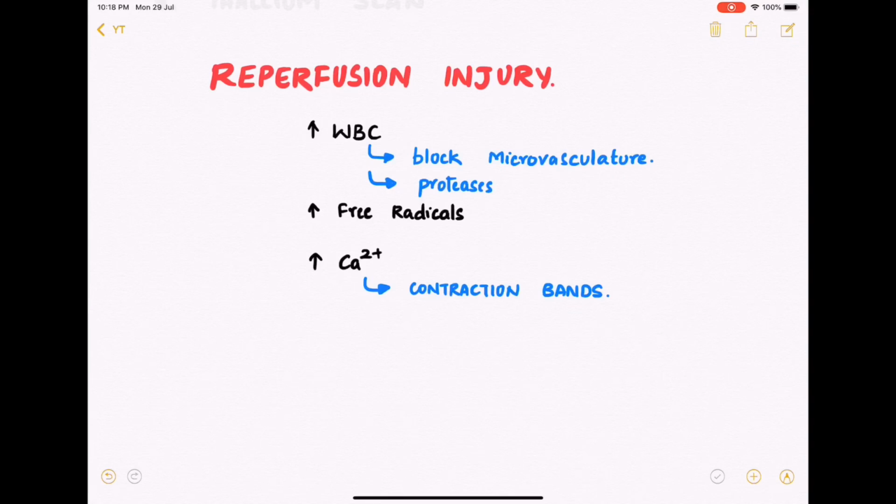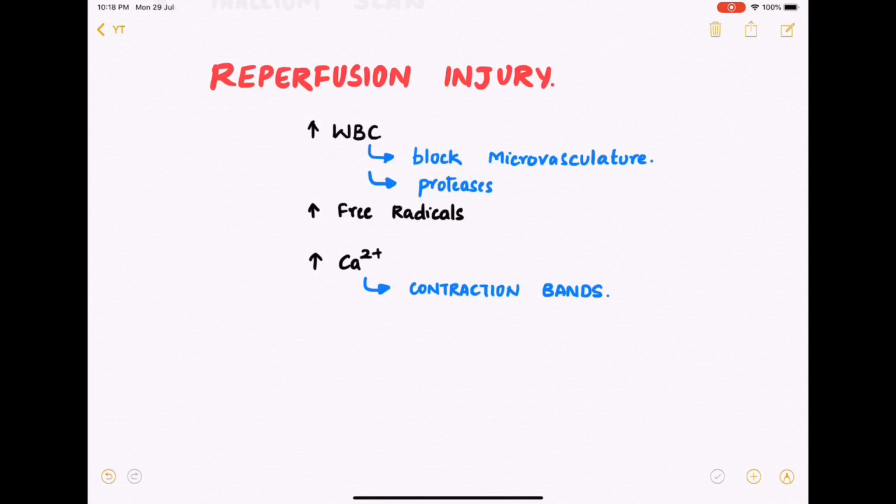This happens because there is sudden rise in WBCs which are flowing into the area, which may block the microvasculature, leading to no reflow area or no reflow phenomenon. And also they elaborate a few proteases which causes myocyte damage.